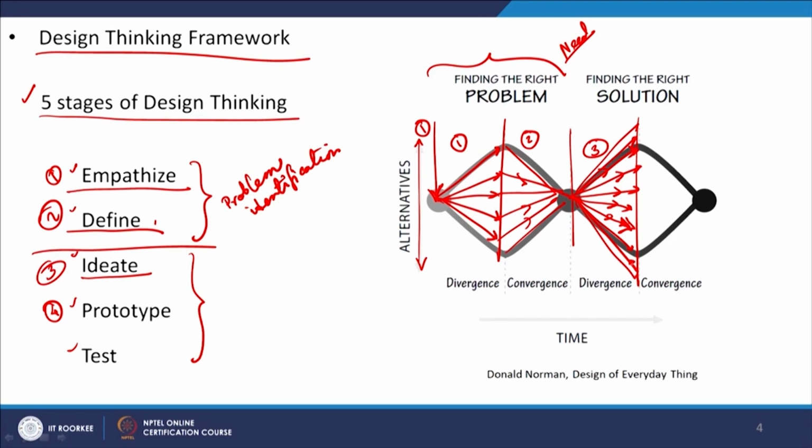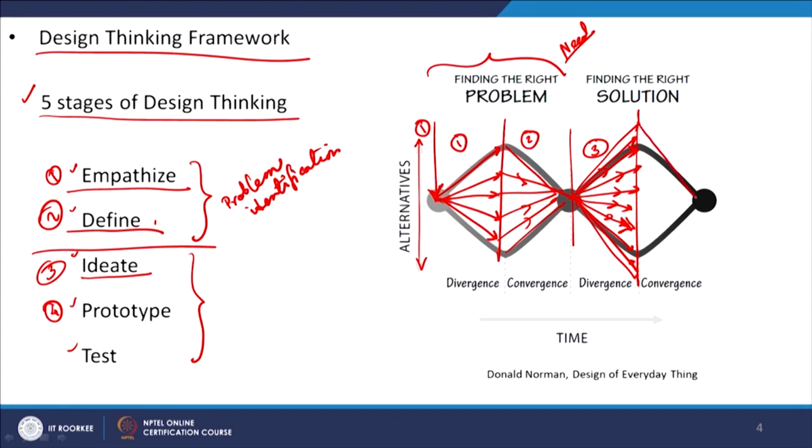The more they diverge, the better the probability of coming up with the best solution. From here a few of the ideas get deleted because of feasibility problems or technical issues, or even rejection from the users.